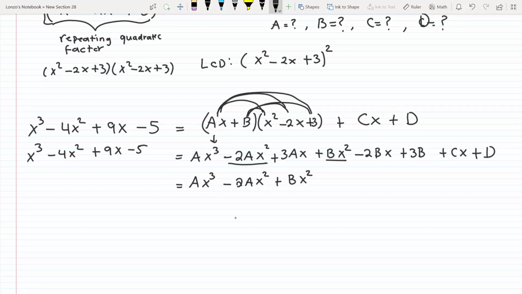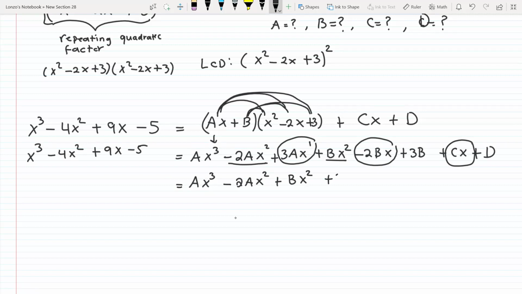And then you have the power x to the 1. So I'm going to circle. I have a 3ax here, a minus 2bx there, and a plus cx. So I can't combine them, but I can just kind of line them up.